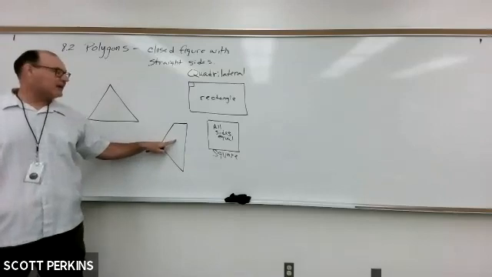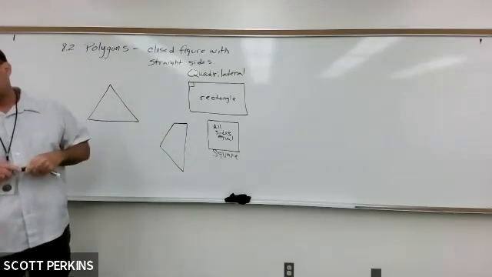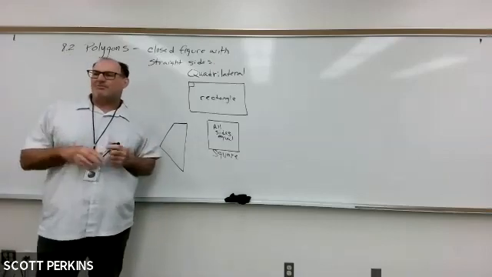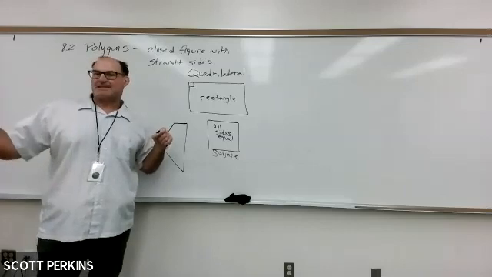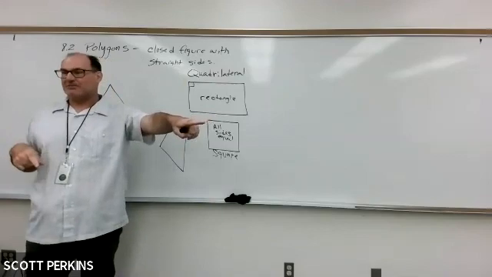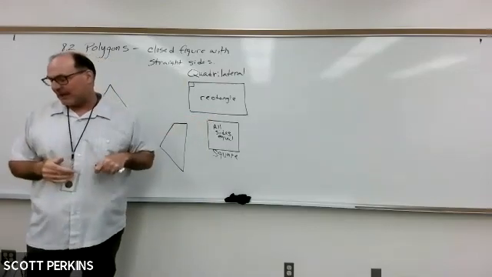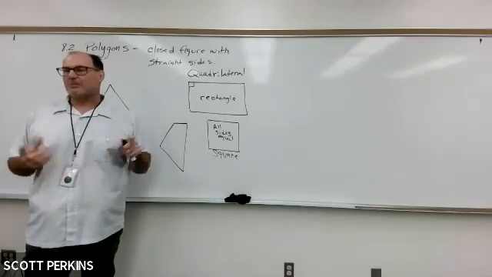So polygons are labeled by the number of sides. Does anyone know what we call something with 5 sides? Pentagon, the prefix pent means 5. Hex is the prefix for 6, that's 6-sided. Does a stop sign have 6 or 8? I don't know. I don't pay attention to stop signs.